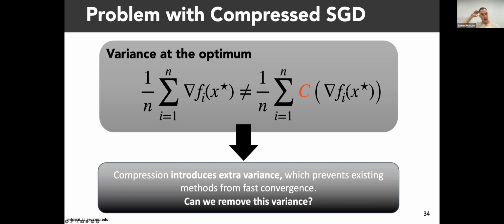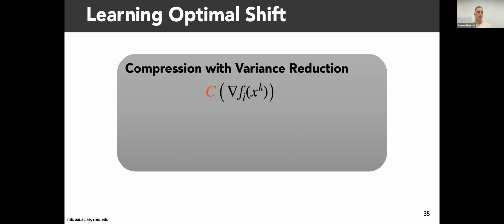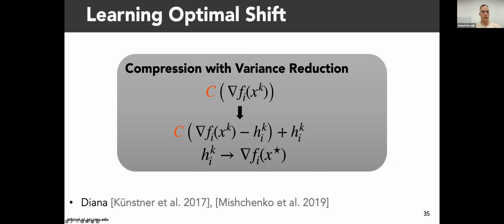And as such, in heterogeneous settings, compression unfortunately introduces some extra variance, which prevents existing standard methods such as FedSGD from converging fast. So the question here is whether we can actually remove this variance. It turns out that you can, and the idea is quite simple. Instead of compressing this term right here, we're going to compress the shifted version of it.